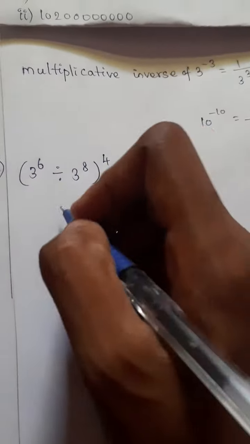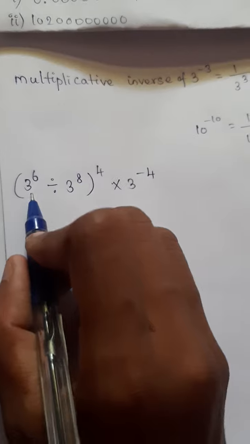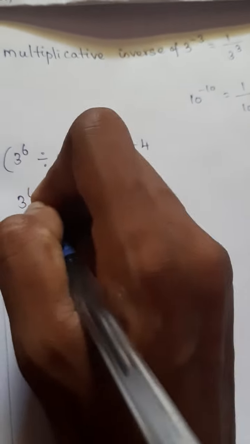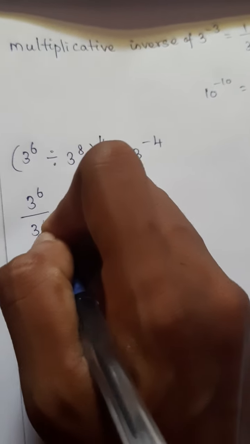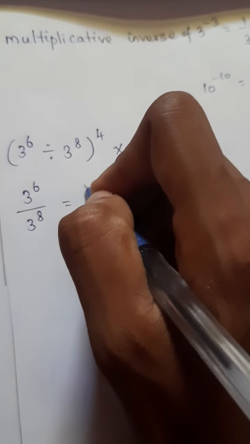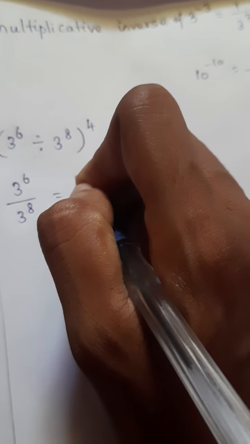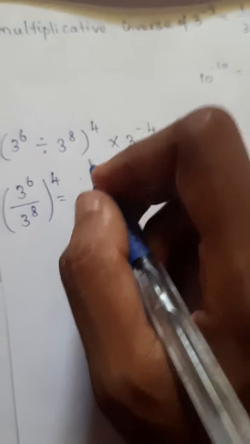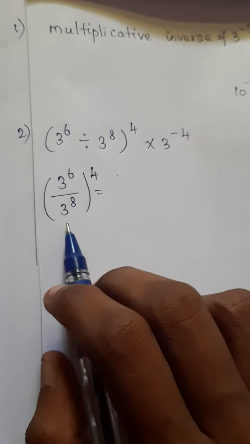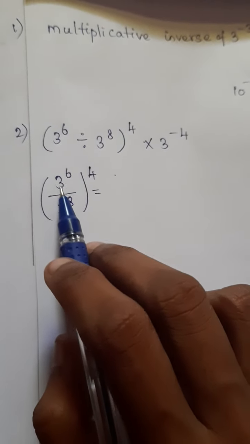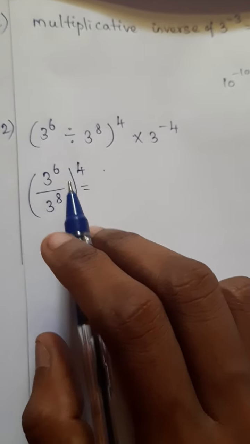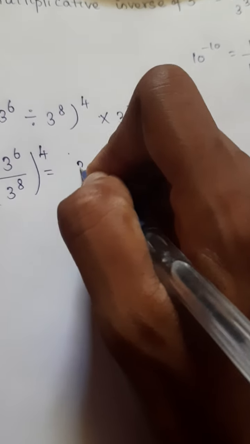So now what are we going to do? Before that, we can write 3 power 6 by 3 power 8 to the whole power 4. So 3 power 6 by 3 power 8 is in division. The bases are same, so in division what will we do?